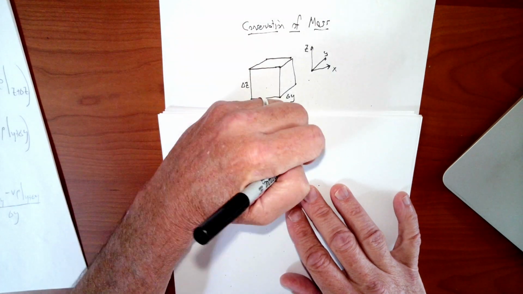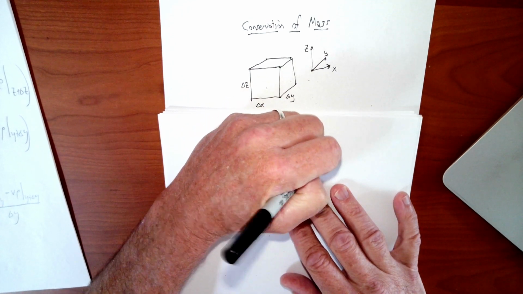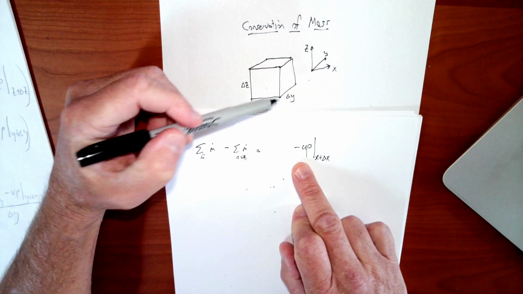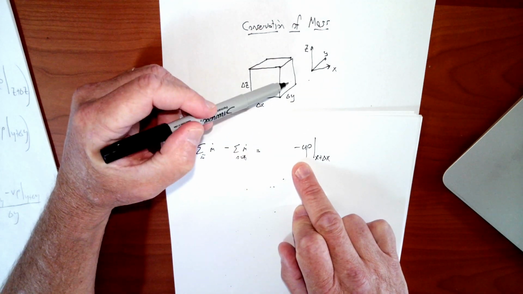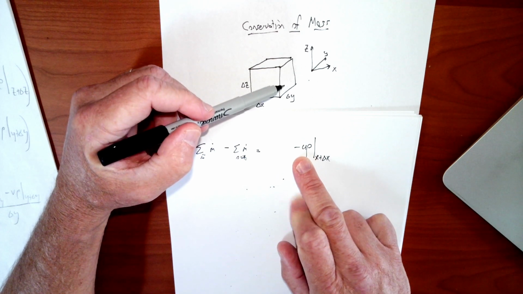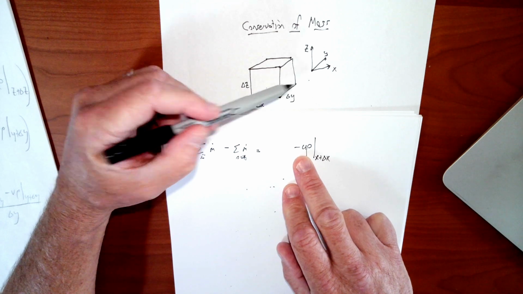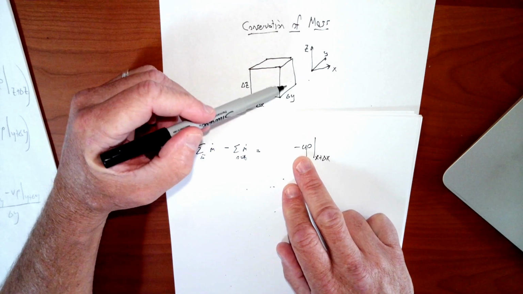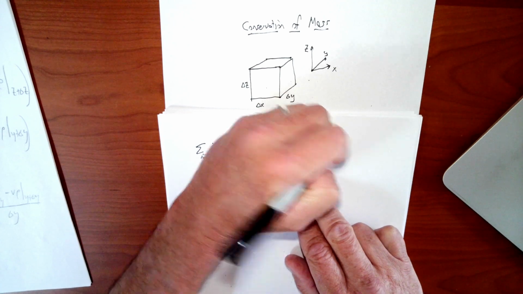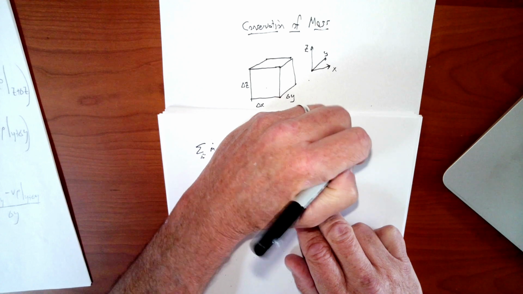So there's going to be a term here, minus u rho evaluated at x plus delta x, representing this surface. That's going to carry mass either in or out, depending on u. If u is positive, it's going to carry mass out, hence the negative sign. And if u is negative, it's going to carry mass back in. It does that over the area of that surface, and that surface area is delta y, delta z.